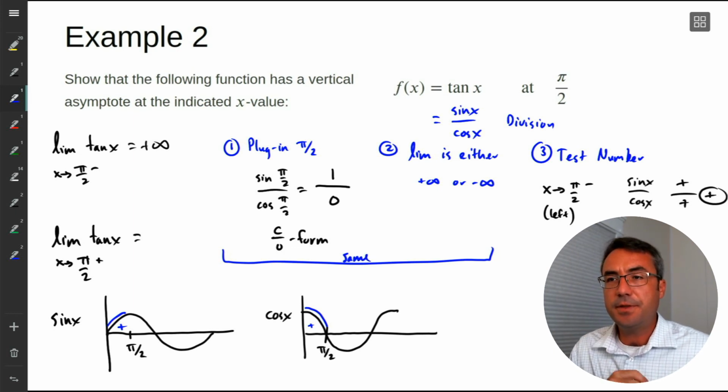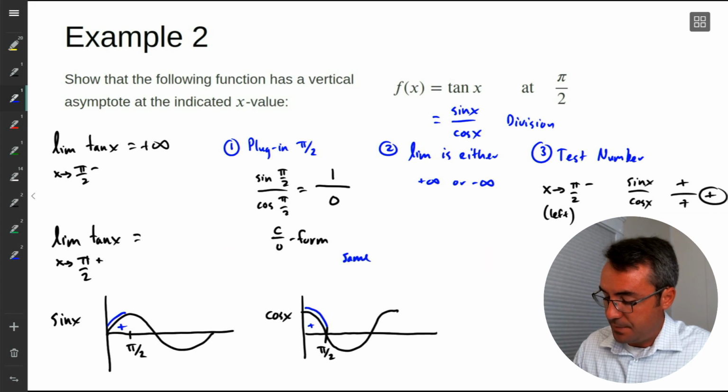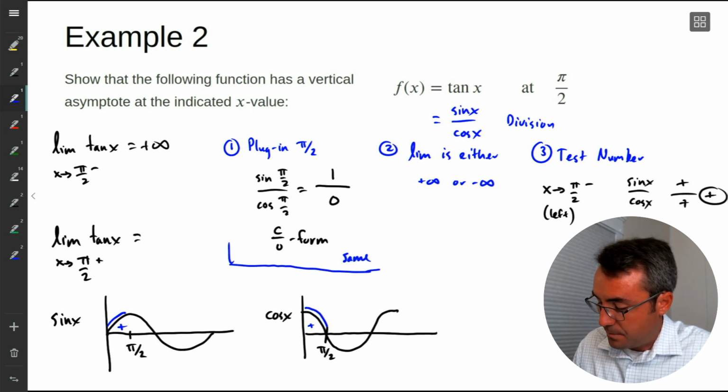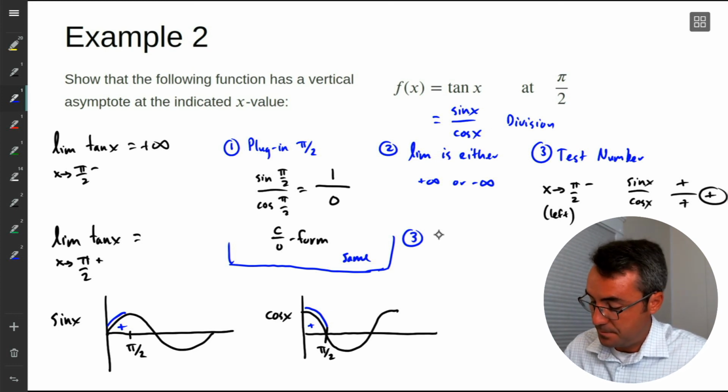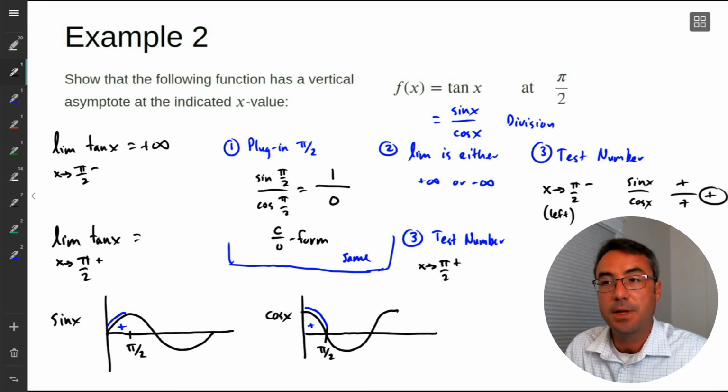And so the only thing that's different here is step 3. So what's going on with step 3? We want to do a test number, and we want to look at what happens on the right side. So x is approaching pi over 2 from the right.